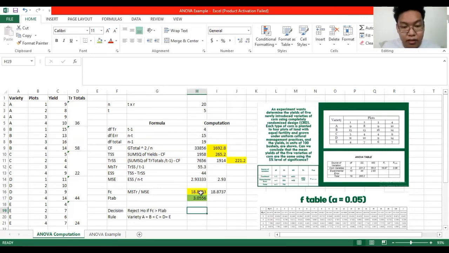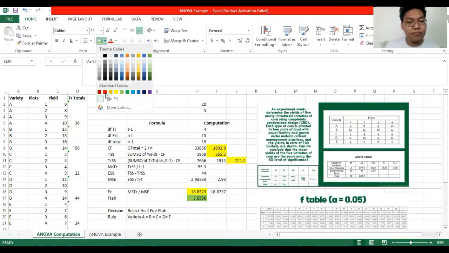Thus, because this value is greater than this, we can reject this hypothesis.